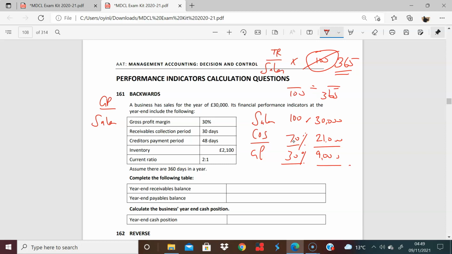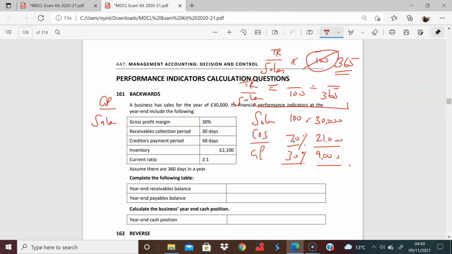And so I can say, therefore, it's taking X amount of days for you to get your receivable in a year. That's what really is going on here. It is just that, is it not? We're just equating it to 365.